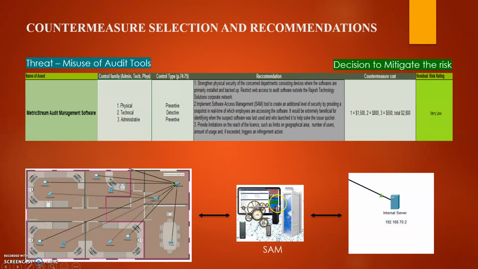Also, deploying a software access management tool will create an additional level of security by providing a snapshot in real time of which employees are accessing the software. All of this will be deployed in the internal server and the departments where the software is being utilized and primarily installed. The countermeasure cost to deploy these recommendations would be $2,800, and the residual risk rating would be very low.